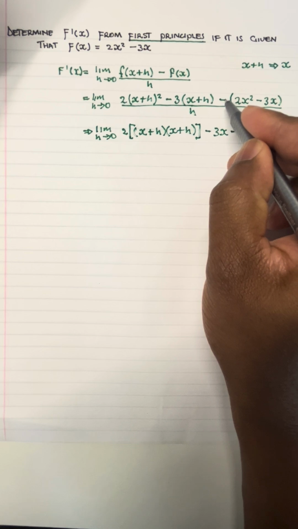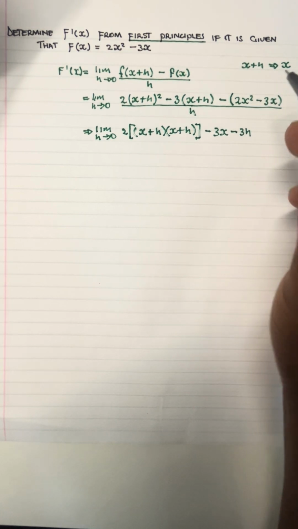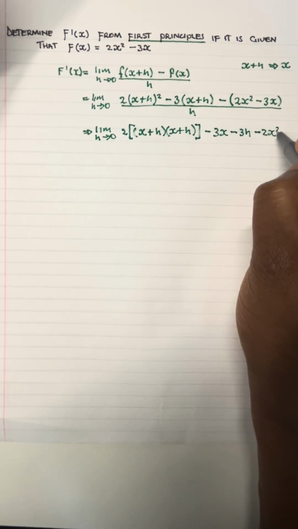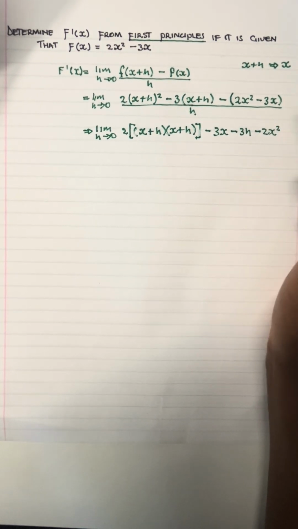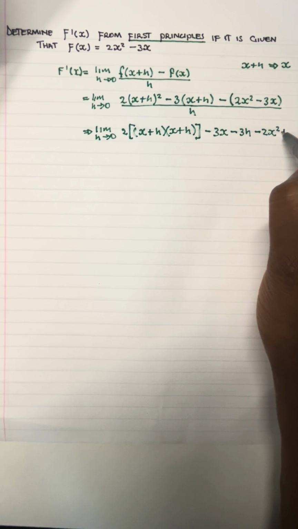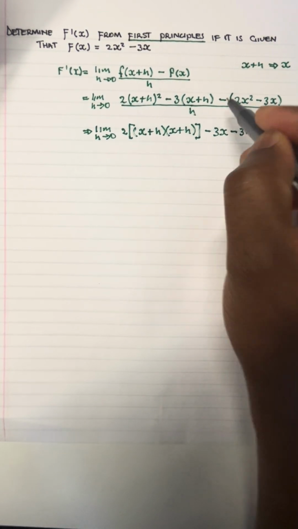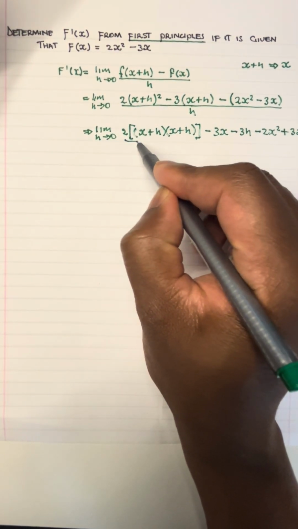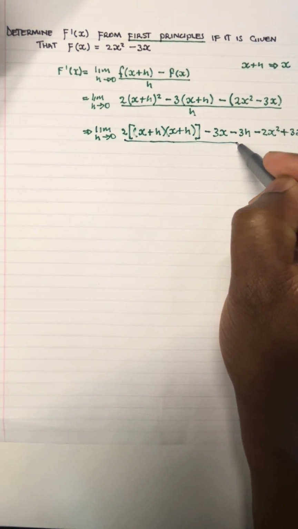Okay, we continue over here, we do the math. Negative 1 times positive 2x squared will equal negative 2x squared. Negative 1 times negative 3x will be positive 3x, because negative times negative is positive. And then the whole thing is divided by h.